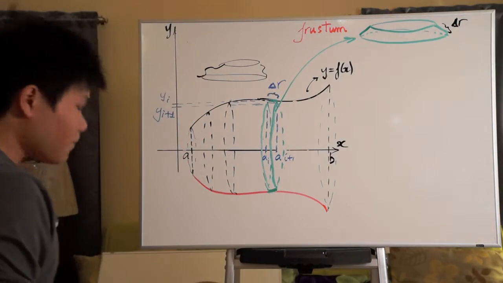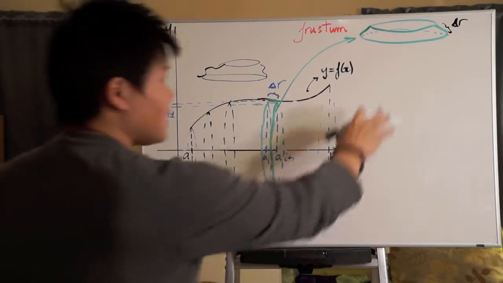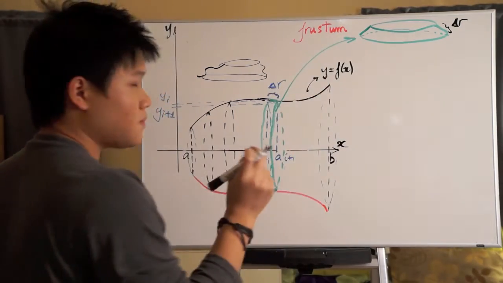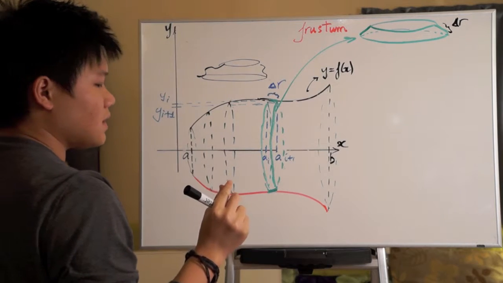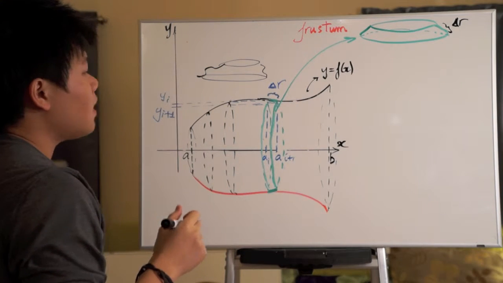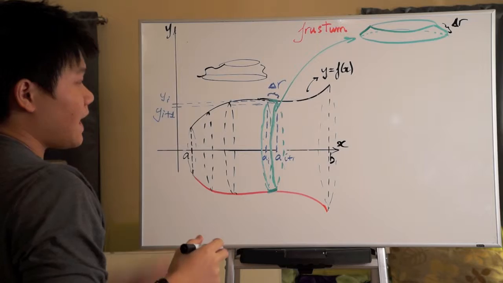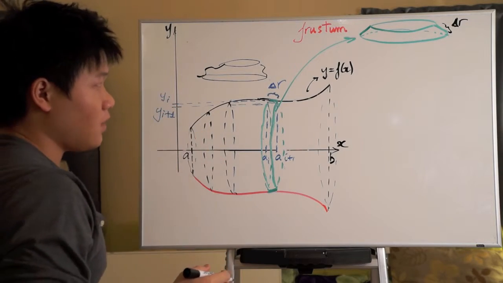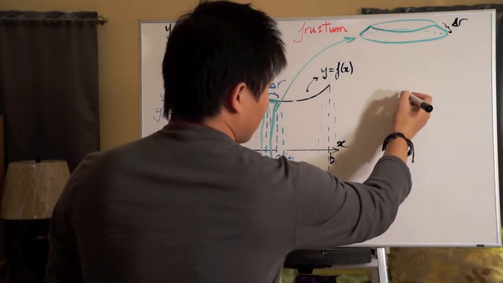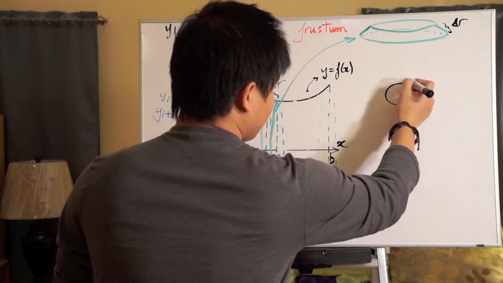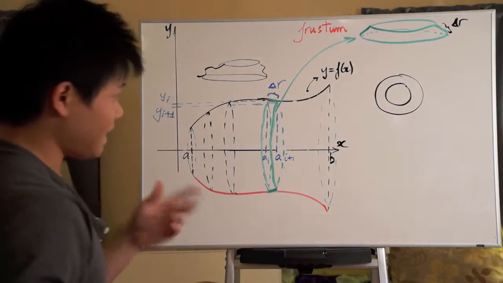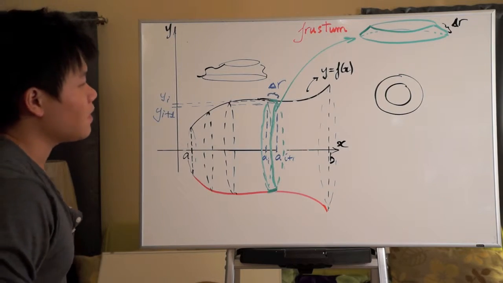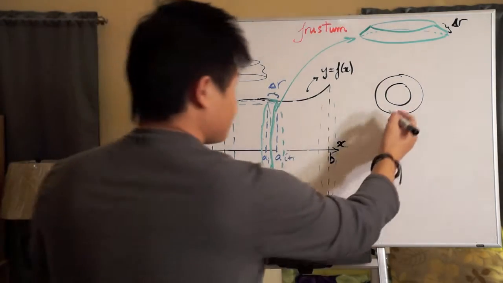We pick delta r small enough so that this line is almost like a straight line, and we can take a top view of it. The top view will look something like this, like the shape of a donut. So this is delta r.